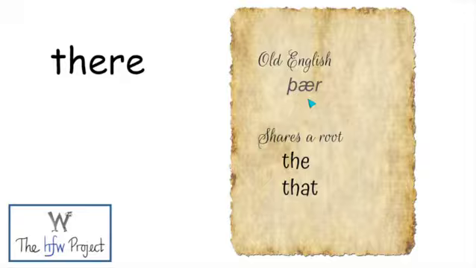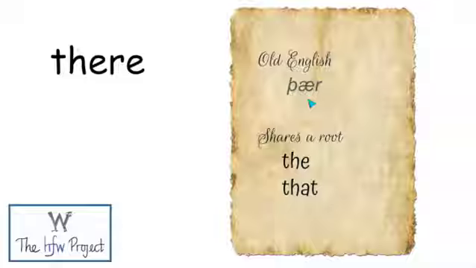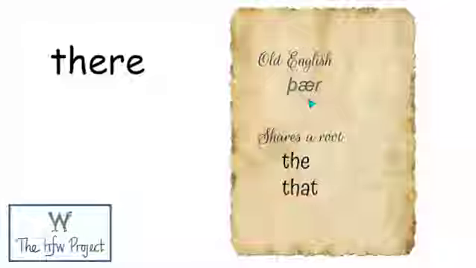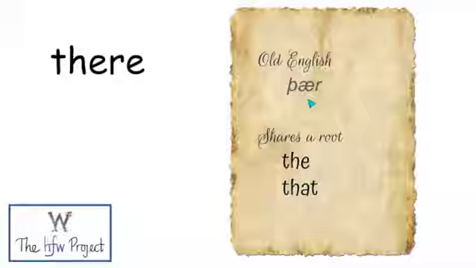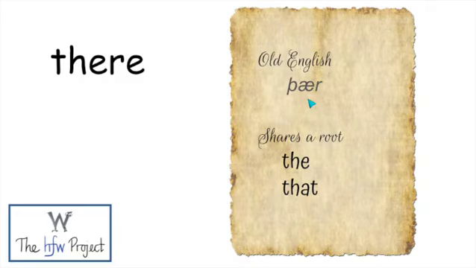And what they ended up doing was using the letter Y in the beginning, but it was still pronounced with the TH sound. So that thorn makes a sound. So it's still saying there. It's just not with the same letters that we use now. So we have the TH sound.